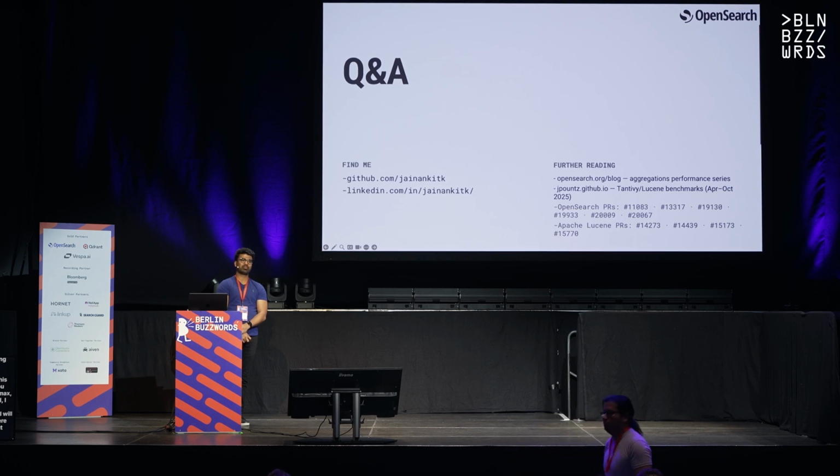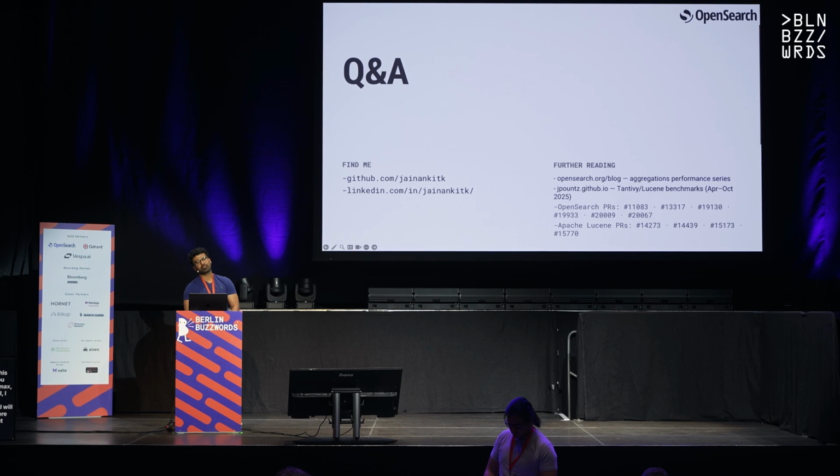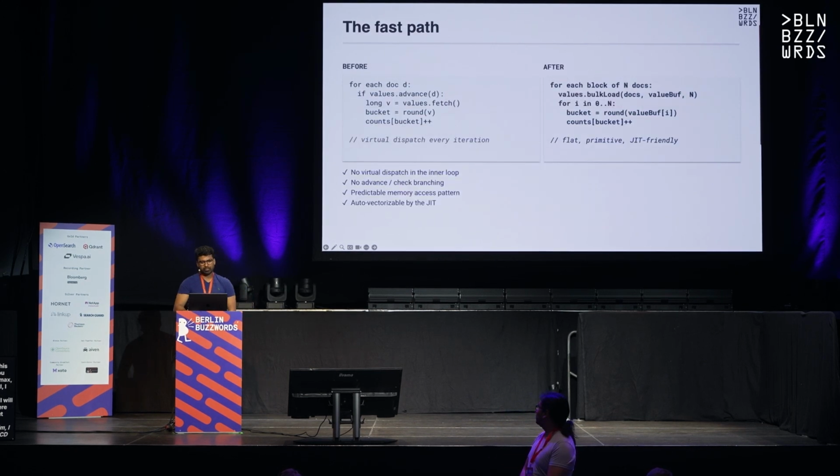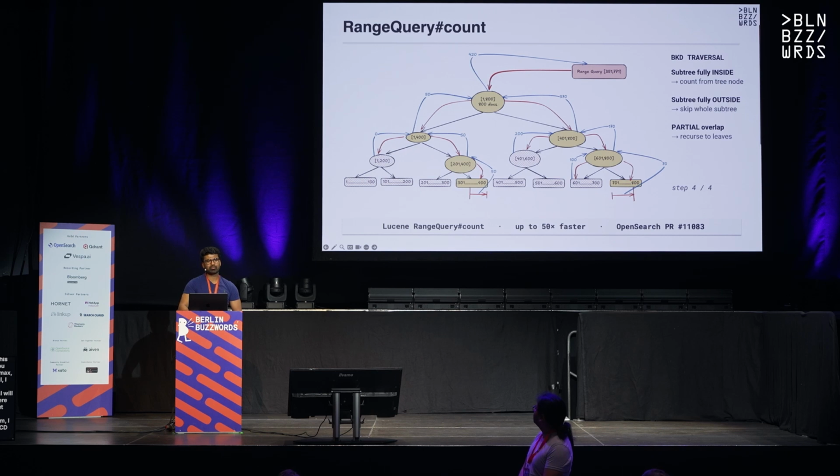Yeah, thank you very much. Very nice talk. I have a question about the very first part with BKD trees. In OpenSearch, have you figured out some problems with that? Because the code in the point range query for counting only takes place when there are no deletions. Otherwise, it's counting the standard way.